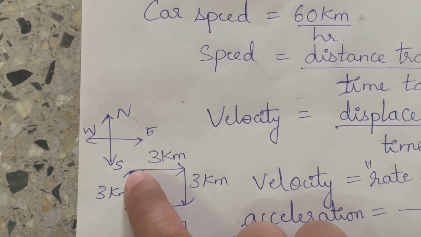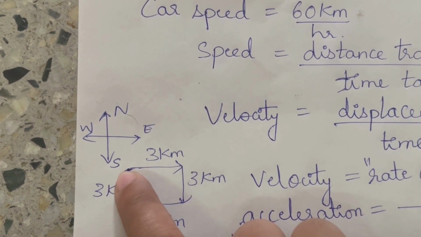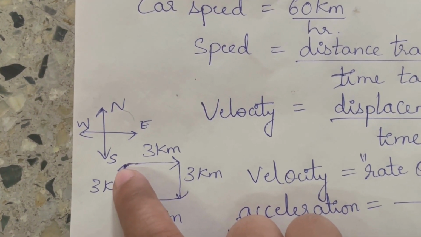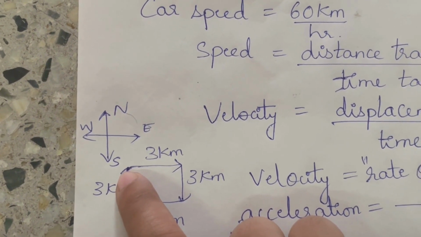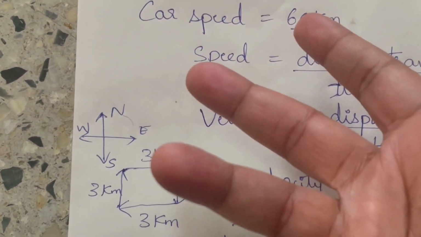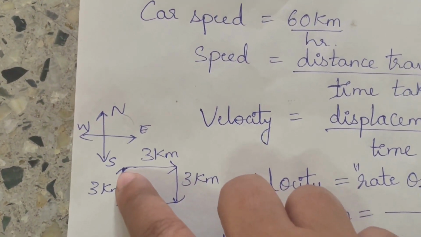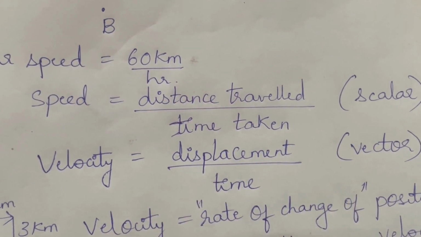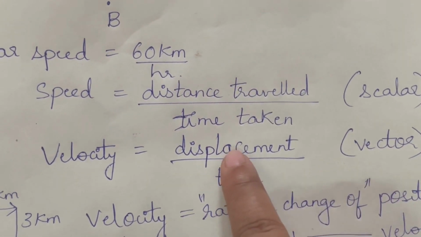So what is his final position? This point. What is his initial position? It is this point. So what is the difference between final position minus initial position? There is nothing. There is no difference. So displacement is 0. That is the difference between distance travelled and displacement.